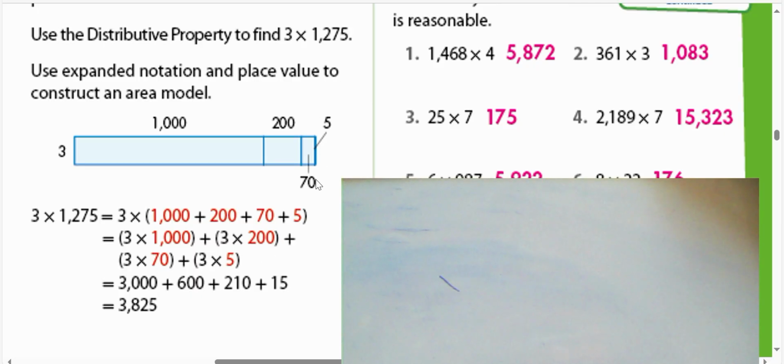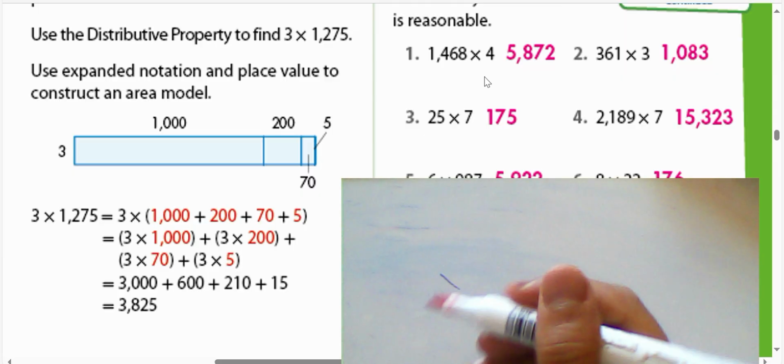Meaning 70 plus 5 to be 75. You can divide it into 3 parts only, not 4 parts. The last part we have 70 and 5. Okay, you can multiply 70 times 3 and 5 times 3, like this expression.